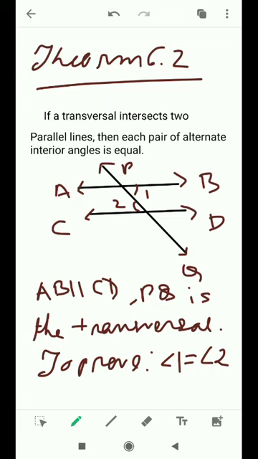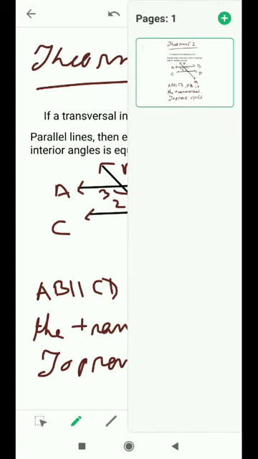So angle 1 equal to angle 2 we need to prove. But we will take one more angle here, that is 3. So now the proof I am going to do.